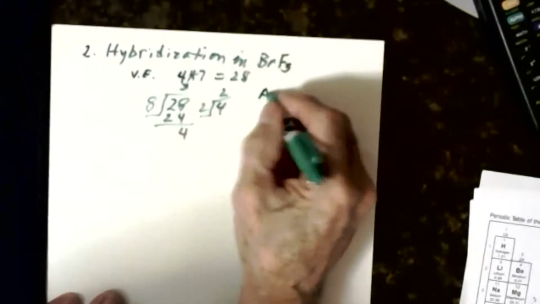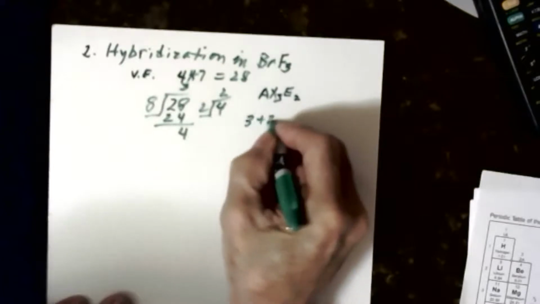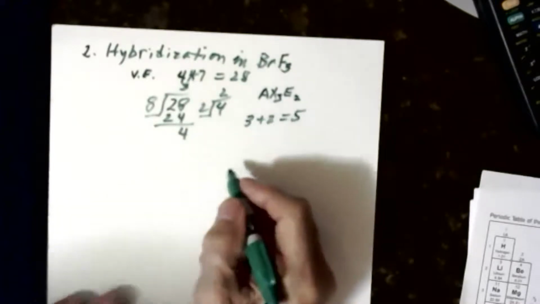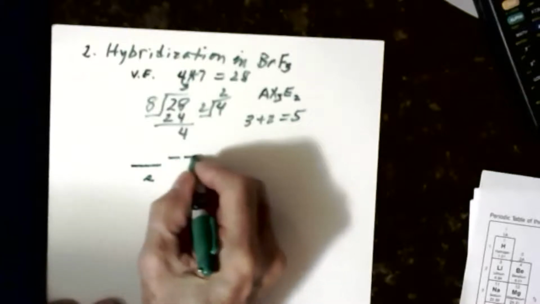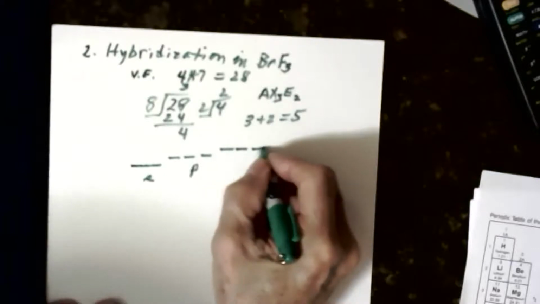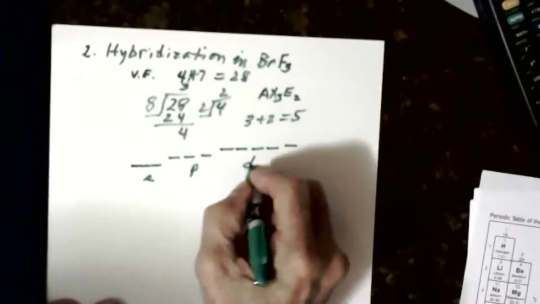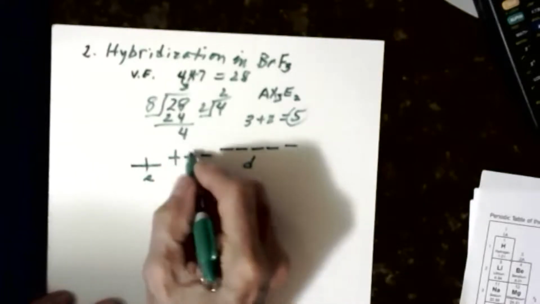So I've got 28 electrons, so it's an AX3E2, and 3 plus 2 is equal to 5. So I have to use 5 orbitals to do that. In hybridizations, we have an s orbital. There are 1, 2, 3 p orbitals, and there are 5 d orbitals. 1, 2, 3, 4, 5 d. I have to do 5 of them. So I have to do this one, this one, this one, this one, and this one.